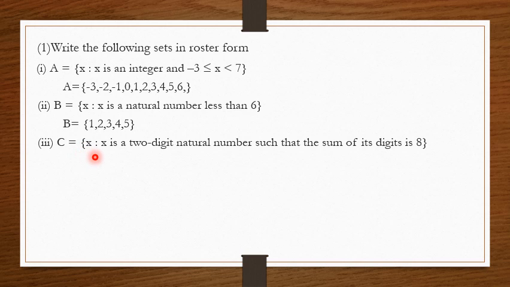C is the set of x such that x is a two-digit natural number such that the sum of its digits is 8.